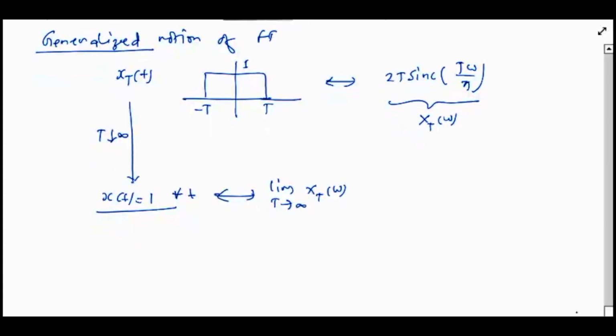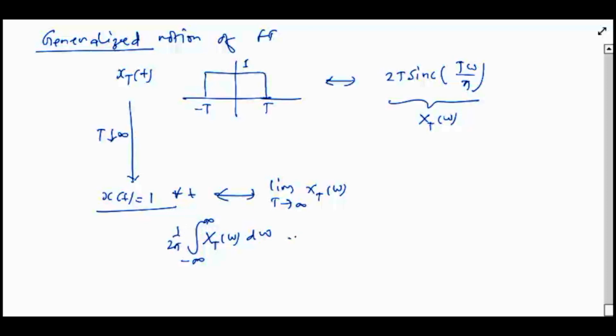Okay, now let's see what this right hand side is. This X_T(omega) has a couple of interesting properties. First property says that if I integrate X_T(omega) d omega from minus infinity to infinity, I know from the initial value property that 1 over 2 pi times this is x_T(0), which is 1.